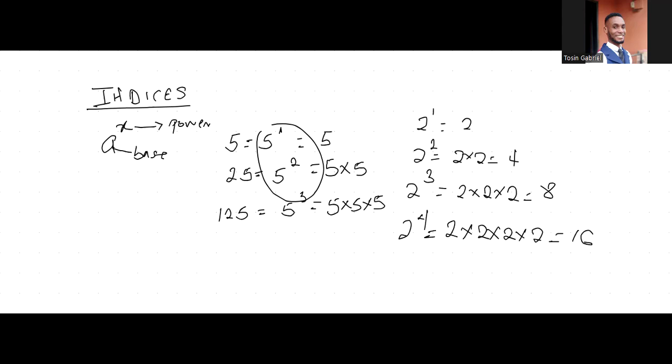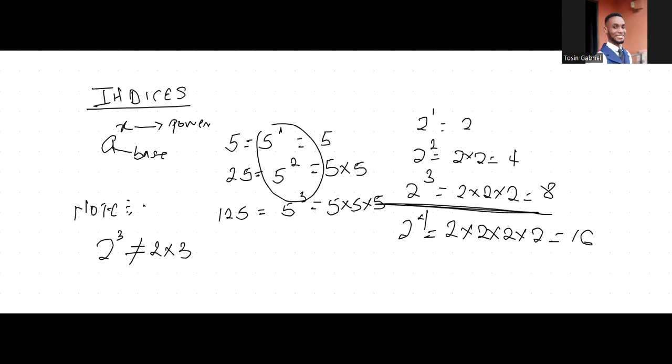All right, note. We need to note this before we move on. So notice that 2 raised to the power of 3 is not the same as 2 times 3, okay? Now, what do I mean? What I mean is that 2 raised to the power of 3 is 2 in 3 places. That is 2 times 2 times 2: 2 multiplying 2 is 4, and 4 multiplying 2 is 8.